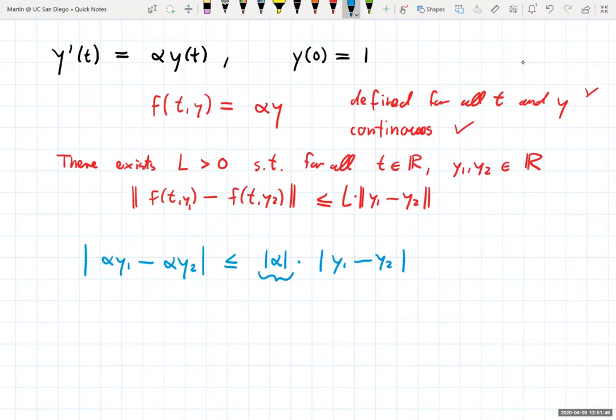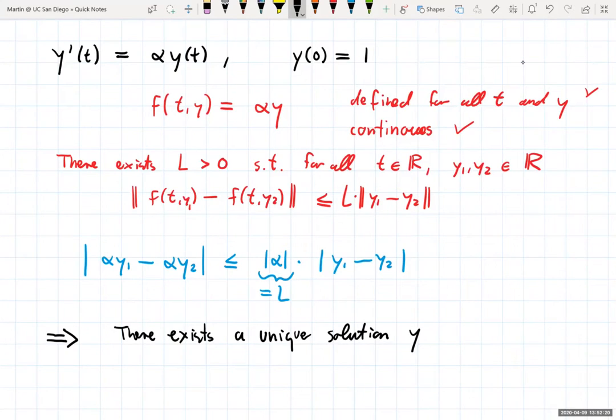So in this case, the constant alpha can serve as my L. So this purely theoretical result tells me that there exists a unique solution starting at 0 and going on to infinity of this initial value problem.